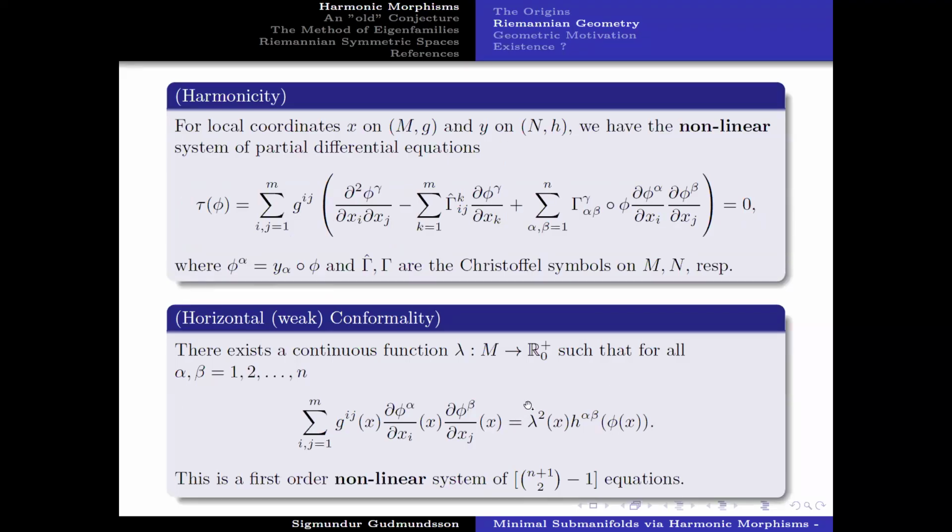You see that this, what do you call it? Dilation. Yeah. If you take the gradient of this dilation, it will have a horizontal part and a vertical part. Do you understand?